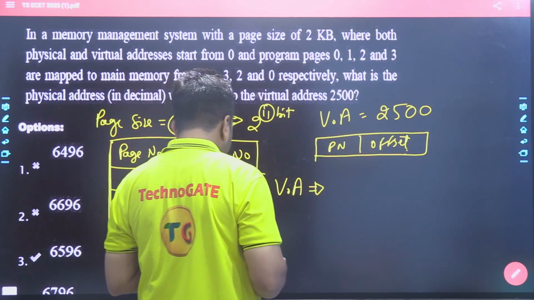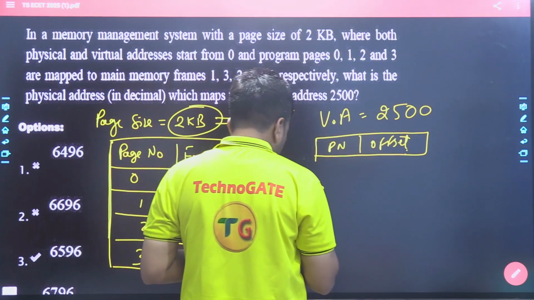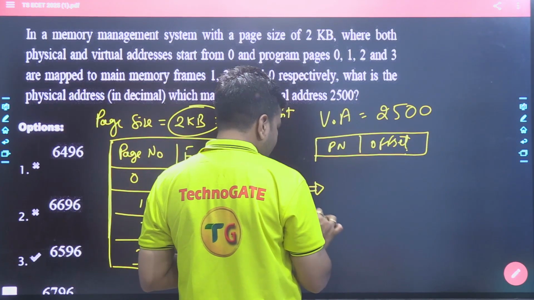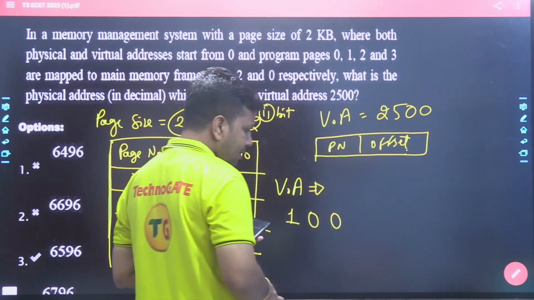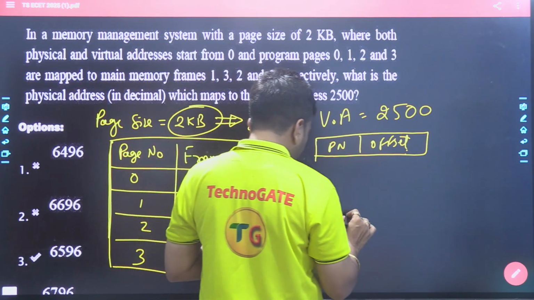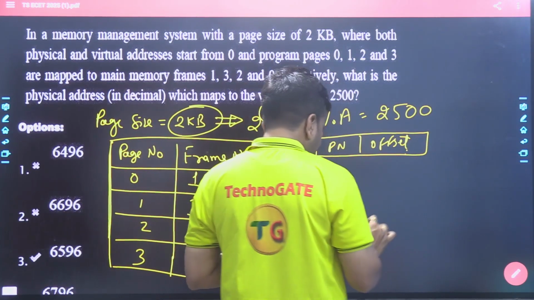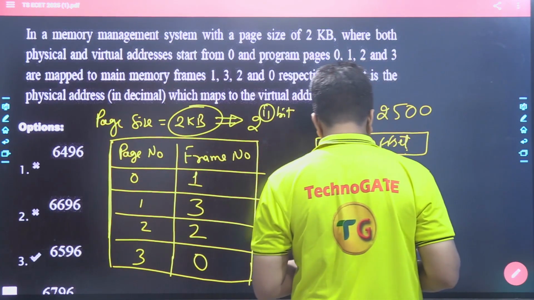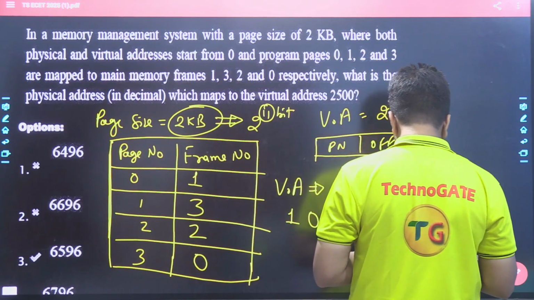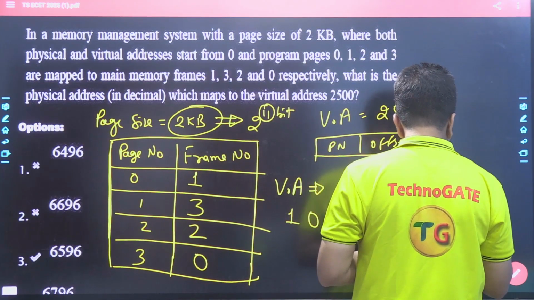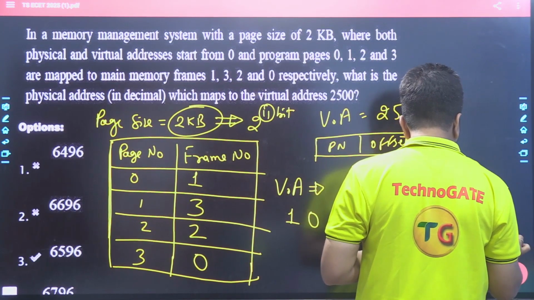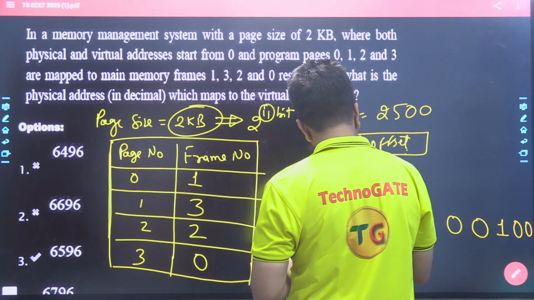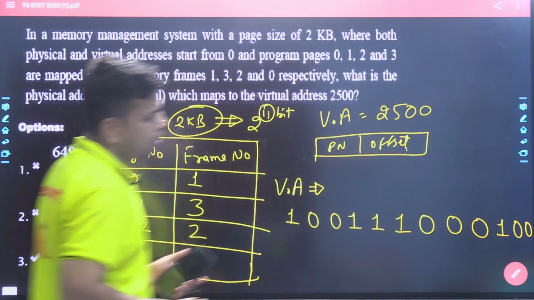It's going to be 12 bits long. So the first bit, 2048, should be 1. Then 1024 is 0, then 512 is 0, then 256 is 1, then 128 is 1, then 64 is 1, then 32 is 0, 16 is 0, 8 is 0, 4 is 1, then 0 and then 0. This is the 12 bit long address.